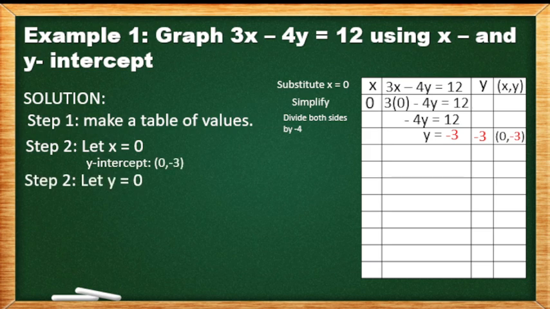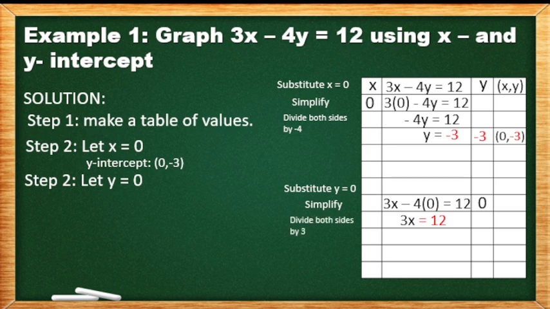Next, let y is equal to 0. So si y naman yung gagawin natin 0. So dito natin siya ilalagay. Then, substitute natin yung y is equal to 0 sa equations na 3x minus 4y is equal to 12. So, mawawala lang din yung 4y doon or yung negative 4y. So, meron tayong 3x is equal to 12.